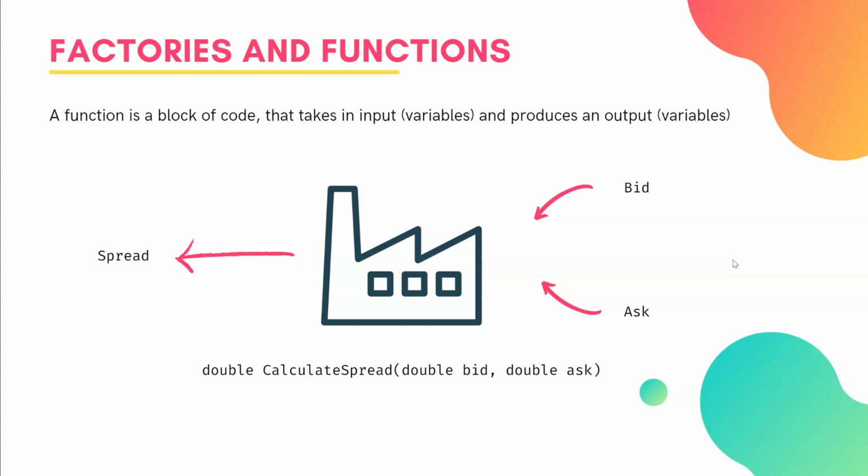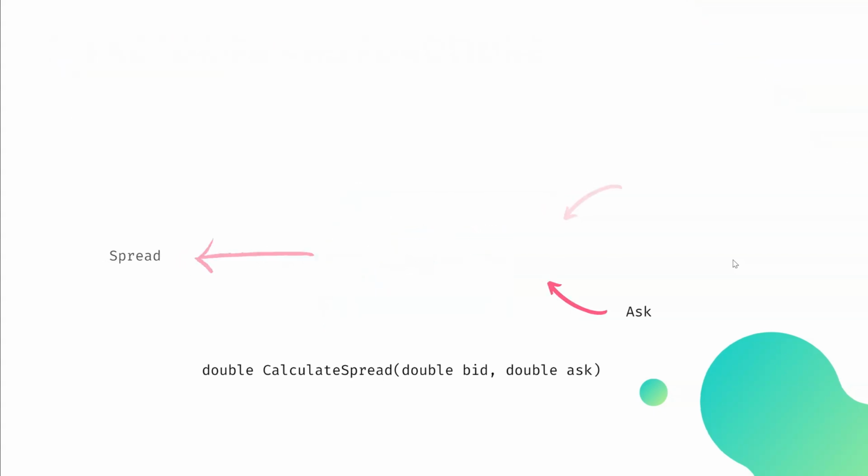We also need to do this for the function output so that the code knows what to expect when that function is processed. And in this case, the spread is also going to be a number with a decimal place. It would be a difference in price. So we're going to get a double out of it. So we declare that we're going to have a double coming out. Our function is going to be called calculate spread, and our inputs are going to be two doubles, bid and ask.